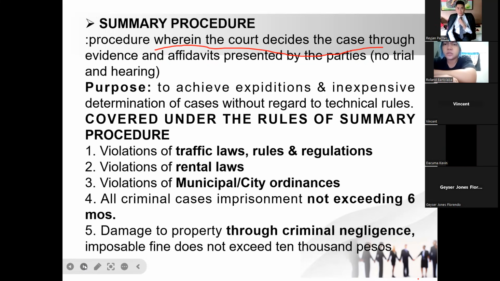So meaning no trial and hearing should take place. Wala na mangyayaring trial and hearing, class, kasi ang purpose niyan is mapadali, ma-expedite, and matulungan na ma-resolve ang mga cases na hindi mahal, okay? Inexpensive. Yan yung purpose ng summary procedure.